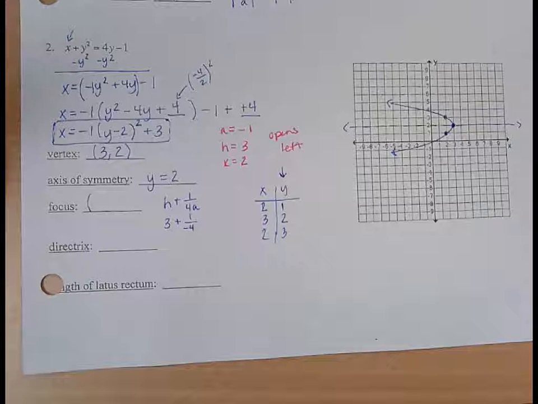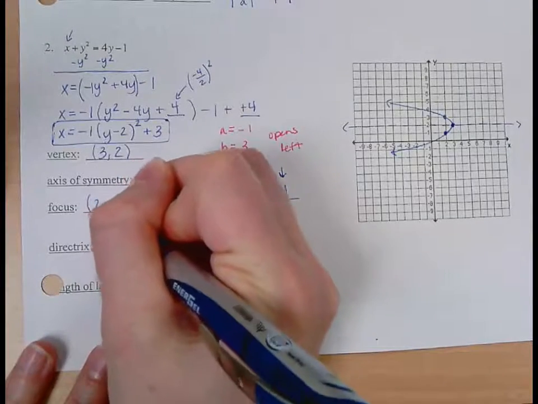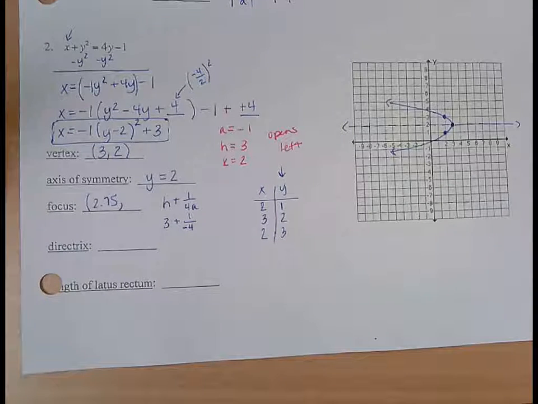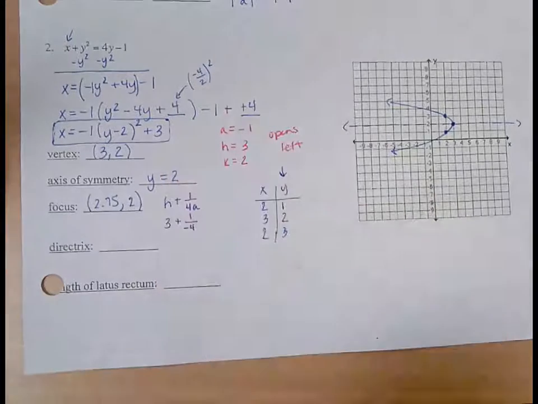So I'm really taking 3 minus 1/4 to get my x-coordinate. And 3 minus 0.25 would be 2.75 for the x-coordinate. The y-coordinate of the focus is just k, and that's 2. And again, it should be inside the opening of the parabola. If it's somewhere else, it's wrong.